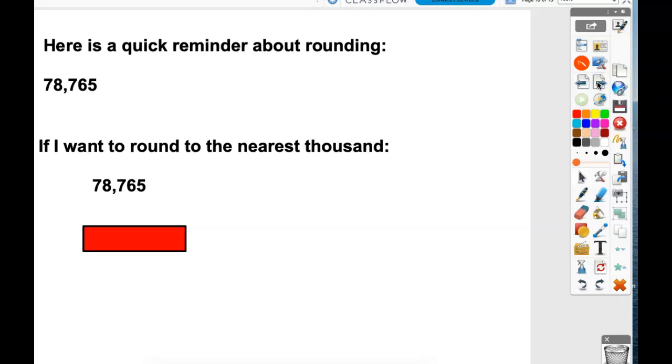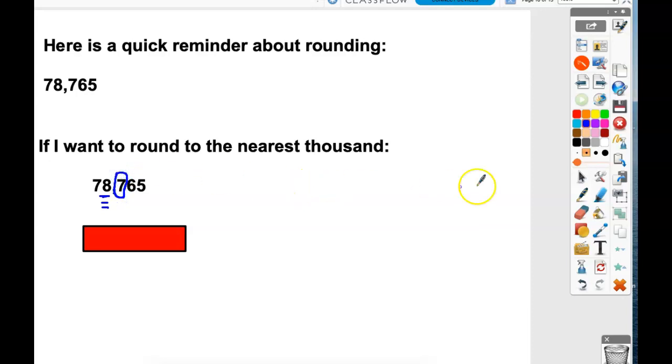So I just want to do a real quick reminder about rounding. I have the number 76,765. If I want to round to the nearest thousand, what I do is I underline the thousand spot. And I like to put 3 lines because it really clues me in. That's what I'm going to round to. You look at the guy to the right, and I circle him.